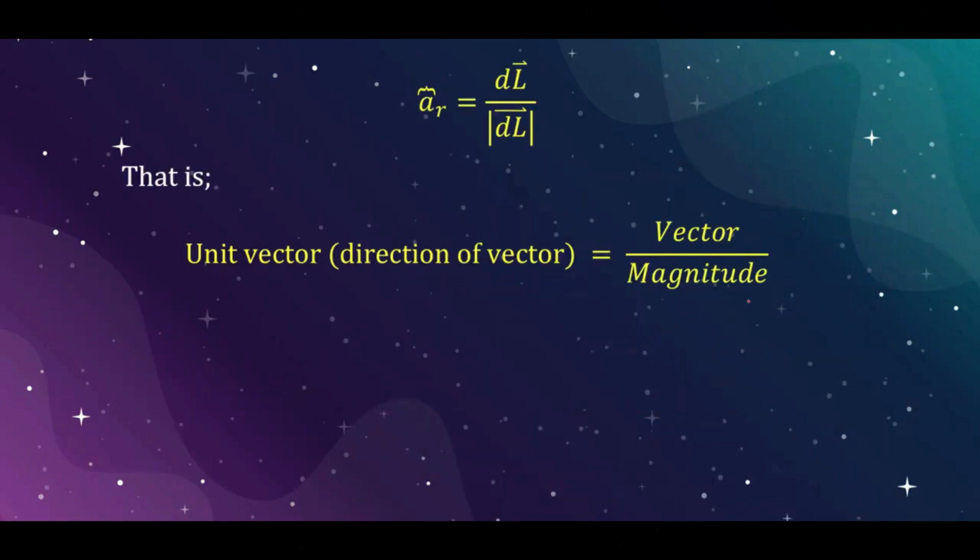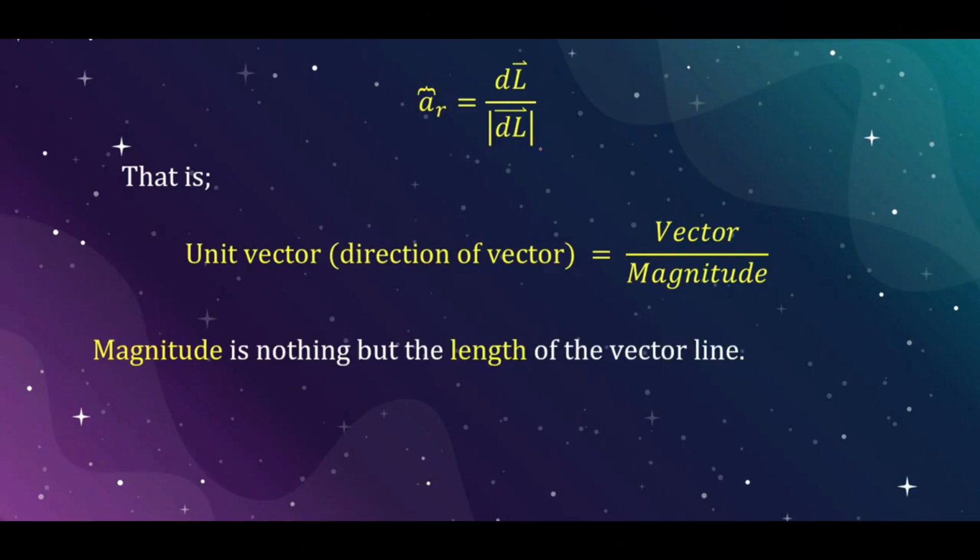So, how can we find out the unit direction? If a vector is nothing but the product of direction into magnitude, then we can say that direction is equal to vector upon magnitude. So, it can be given as AR cap equal to vector divided by mod of vector.